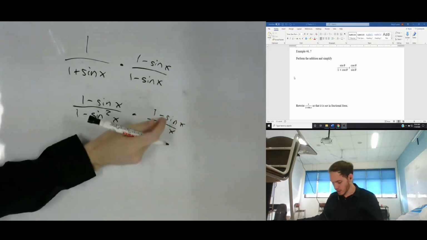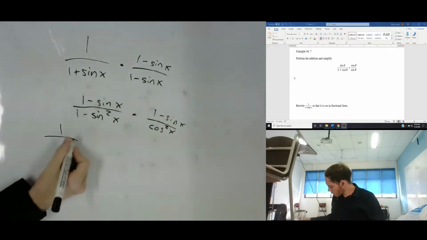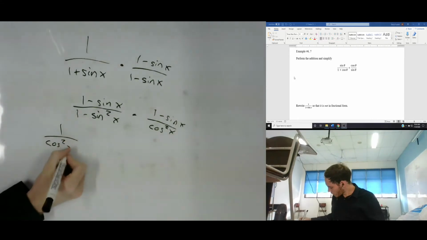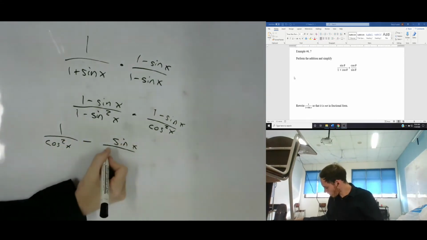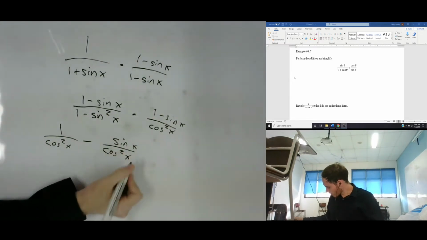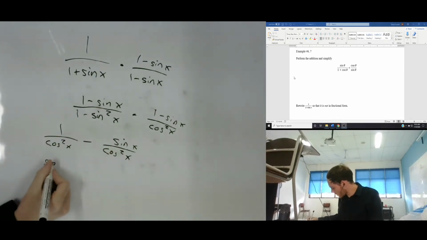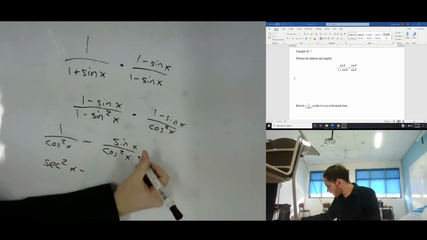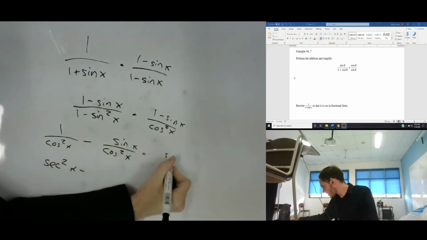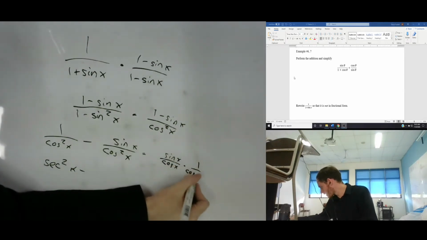Now you can split the top, so you get 1 over cosine squared of x minus sine of x over cosine squared x. Okay. Now what's 1 over cosine squared x? Well, that's just secant squared x. And then this would become sine of x over cosine x times 1 over cosine x, right?